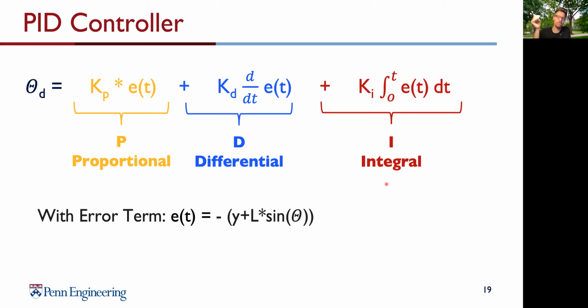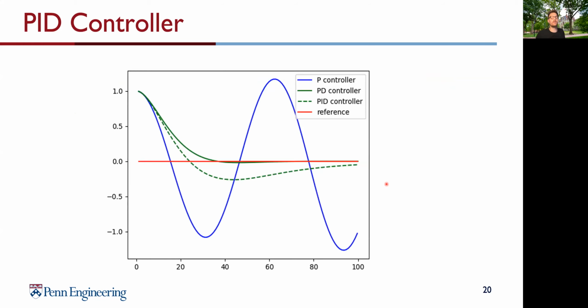Hence the name PID. And here again, I brought you a simulation where you see that in red here is our reference line. We want to achieve that. And if we apply different controllers, we achieve different outcomes of our system afterwards.